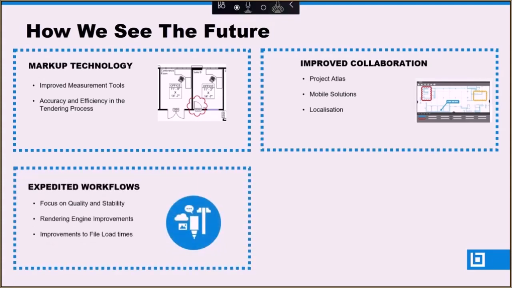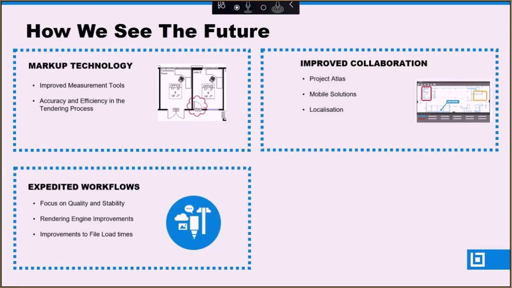Expedite workflows. One of the things we're working on is rendering engine improvements, so that it ties into the power of your hardware. If you've invested in graphics cards and additional RAM, you'll be able to move through your drawings a lot quicker with the power of your actual PC.